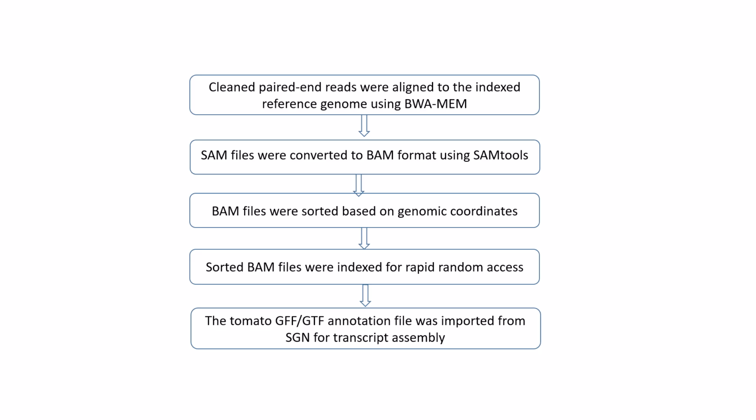Next, BAM files were sorted and indexed using SAMtools, which is essential for transcript assembly and visualization. Finally, the tomato genome annotation file in GFF format was included to guide gene and transcript identification.